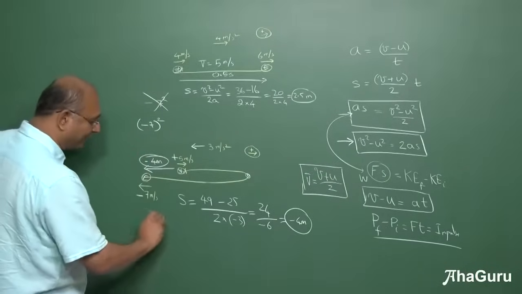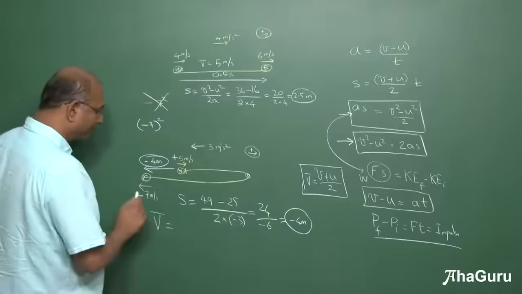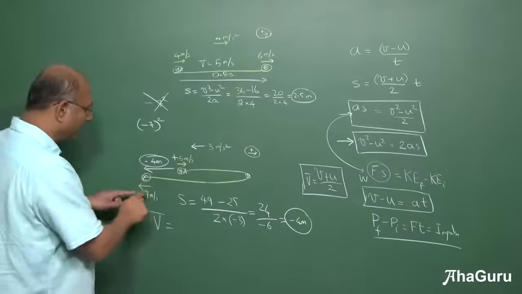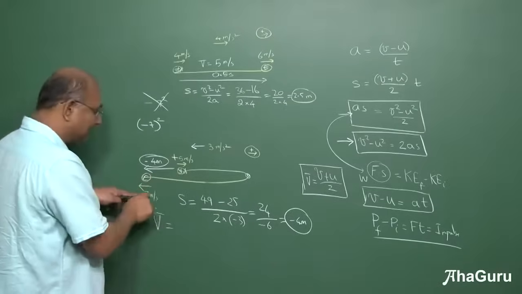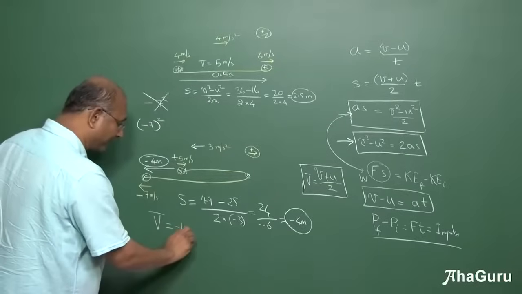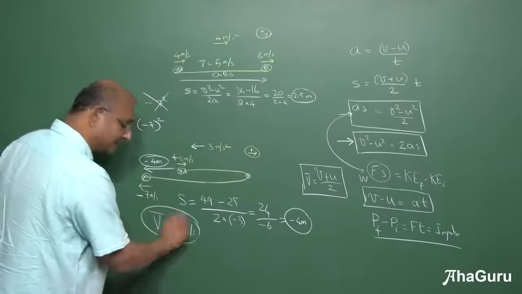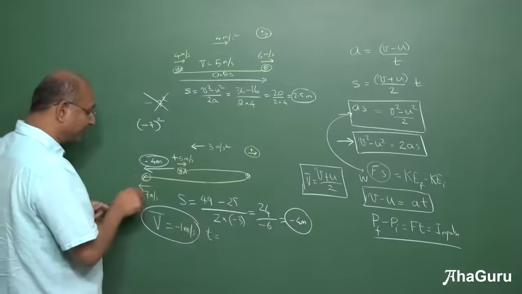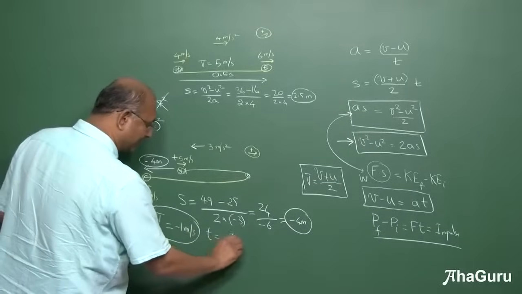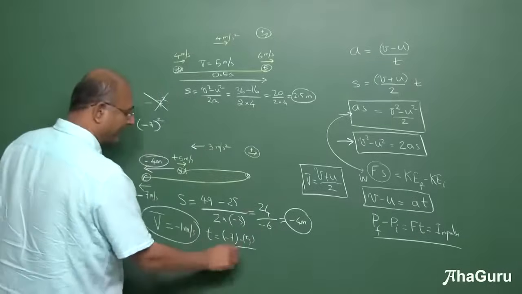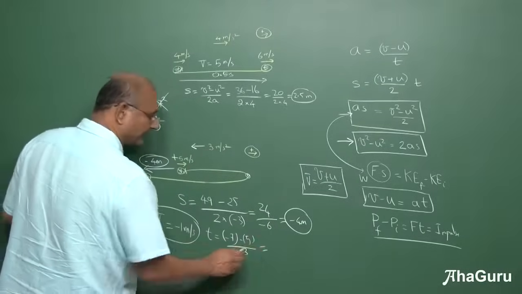Suppose I was to use average velocity. What is average velocity? Final velocity plus initial velocity by 2. Minus 7 plus 5 is minus 2 by 2 is minus 1 meter per second. Average velocity is negative. How much is the time? Change in velocity, final velocity minus initial velocity, by acceleration.